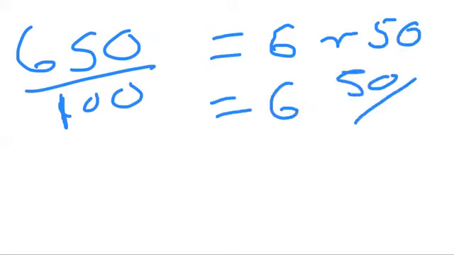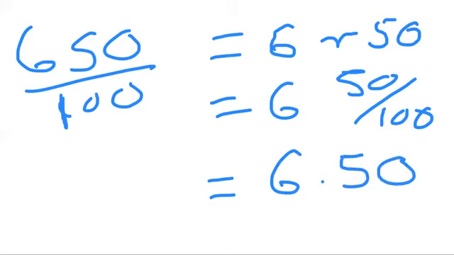You remember converting from improper fraction to mixed number. Or another person can write it as 6.50. So I want to know first how to get to a fraction, and then getting to a decimal will be quite easy.